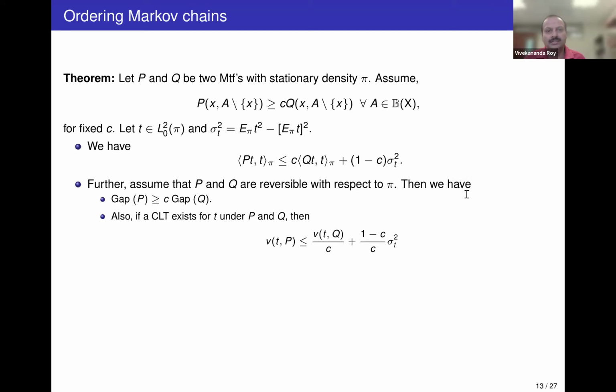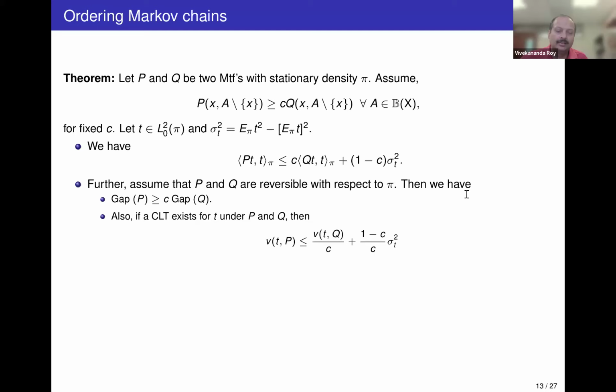And there are already available results which compare what is known as the Peskun ordering, which is the off-diagonal domination. So if P is better than Q in terms of Peskun ordering, that is, the off-diagonal probabilities are higher, then that results in better efficiency, that is smaller asymptotic variance, and smaller lag correlation, which is called the autocovariance ordering.